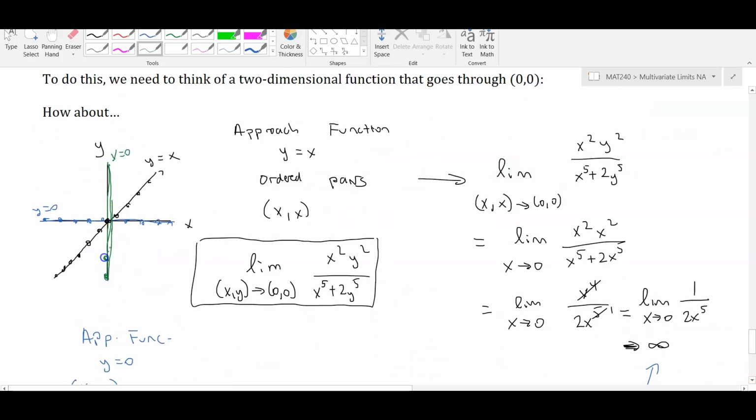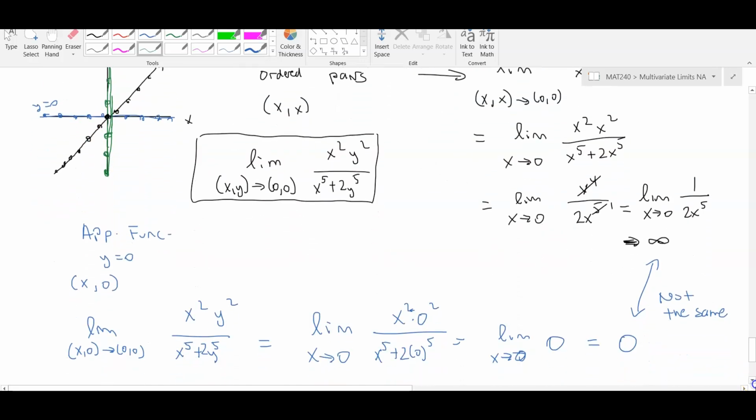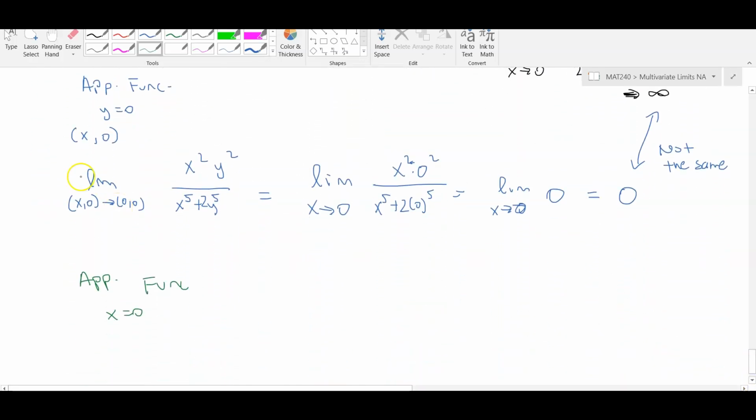Those ordered pairs are all of the form (0, something). So every point along the vertical axis has an x value of 0, but a potentially varying value of y. So this is the limit as (0, y) approaches (0, 0) of x squared y squared over x to the fifth plus 2y to the fifth.